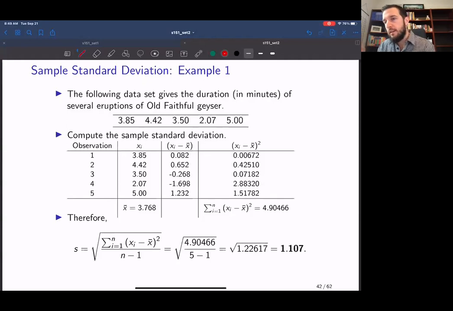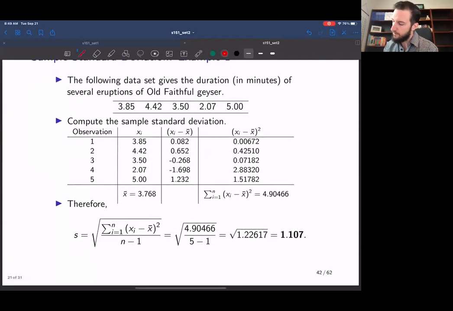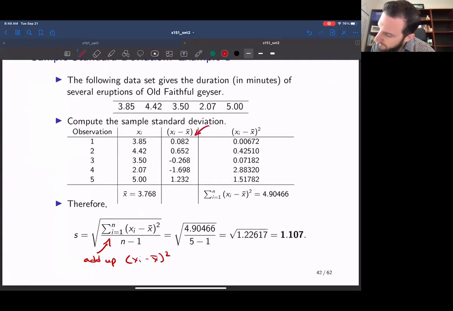In the notation for the standard deviation, what we are told is that we want to add up x_i minus x bar, squared. So the first thing that we do is compute the x_i minus x bar. That's step 1.